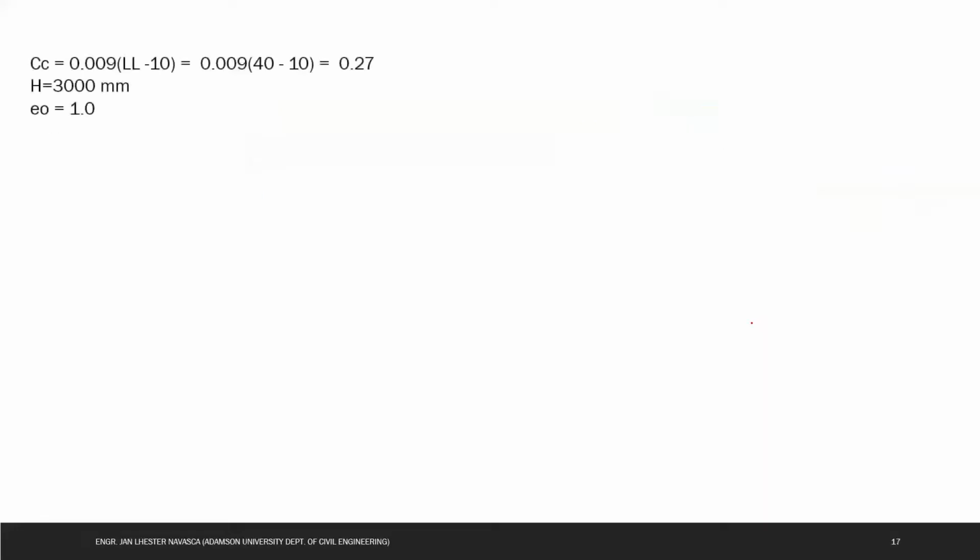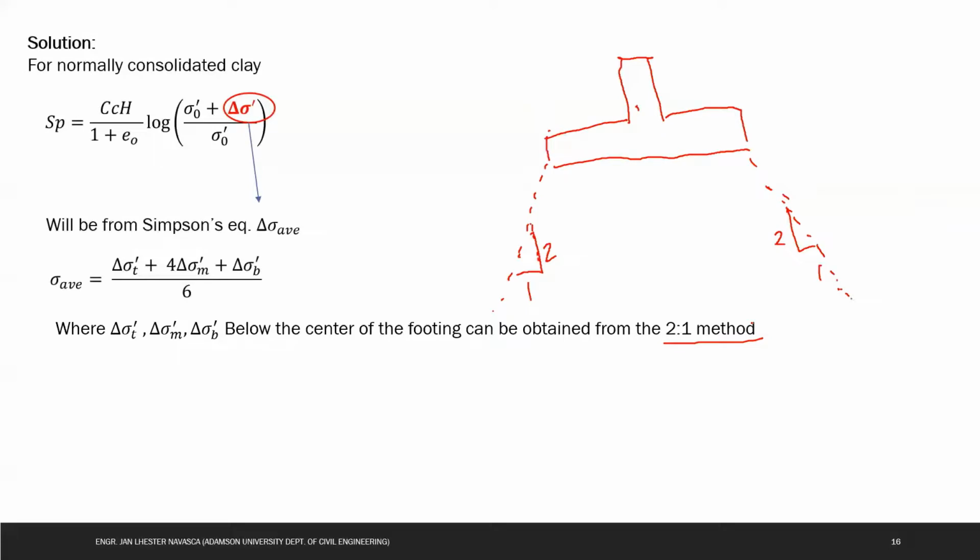Okay. So before we go for the delta sigma average, we need to find all the data that we have learned during the discussion. So C sub C. Again, we are assuming that we have undisturbed clay, so we are using the Skempton's formula: 0.009 times LL minus 10.